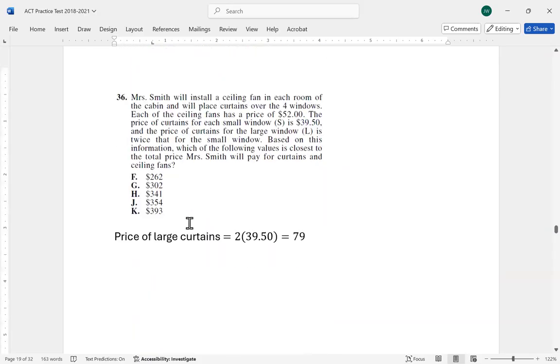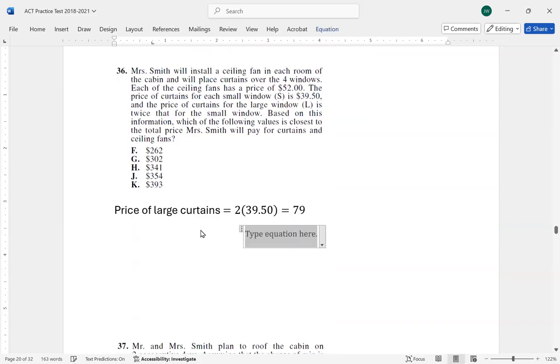And so if I put that all together, then the total price is going to be 3 ceiling fans at $52 a piece, plus 3 curtains for small windows at $39.50 a piece, plus 1 set of curtains for the large window, which we said is $79.